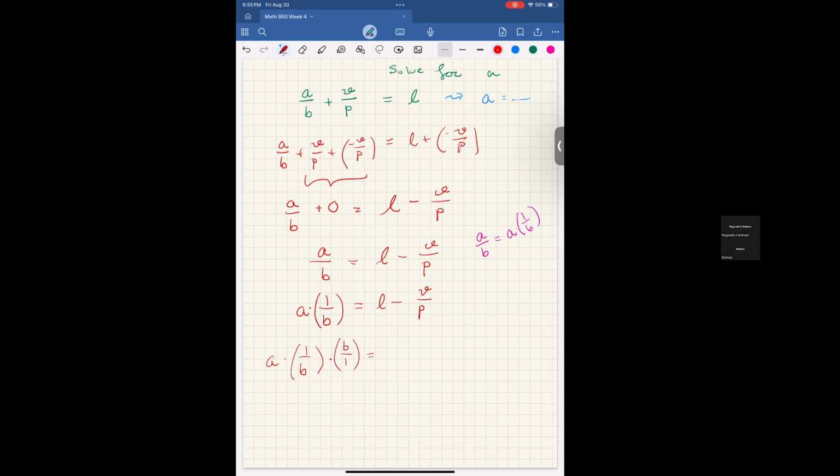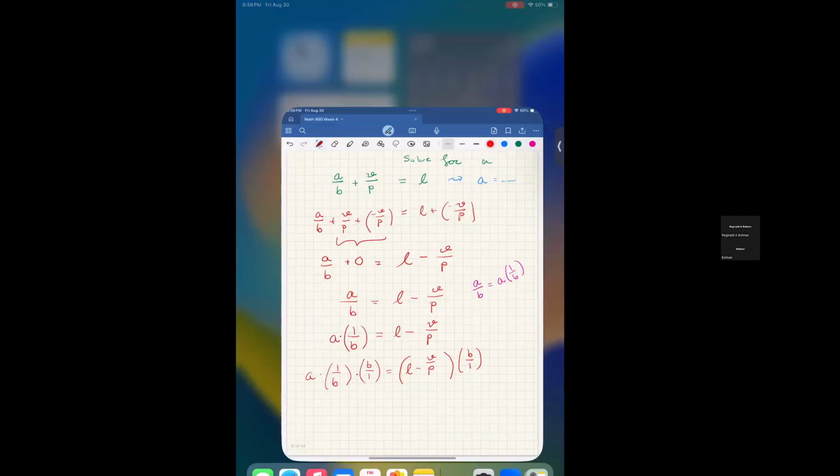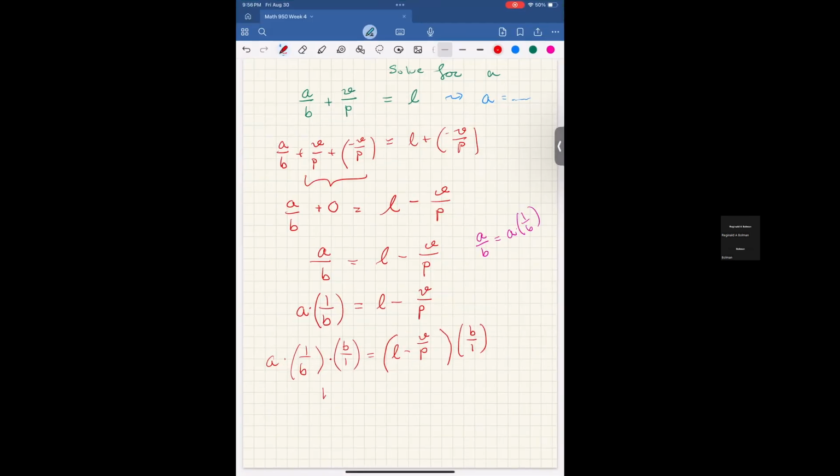And so we have to be very, very careful about what we do here. When we multiply by b over 1, we got to multiply the entire right side of the equal sign by b over 1, or just b. Now what's going to happen is b times 1 gives you b, b times 1 gives you b, b divided by b gives you 1.